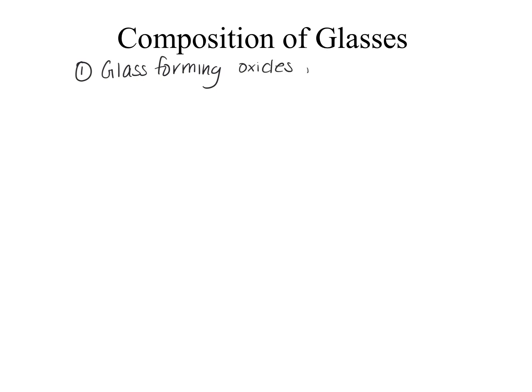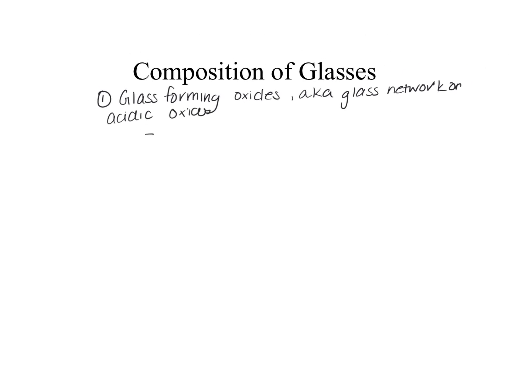These are also known as glass network or acidic oxides. And they have a generic formula, which would be RO2, where R is just some sort of metal ion, right?